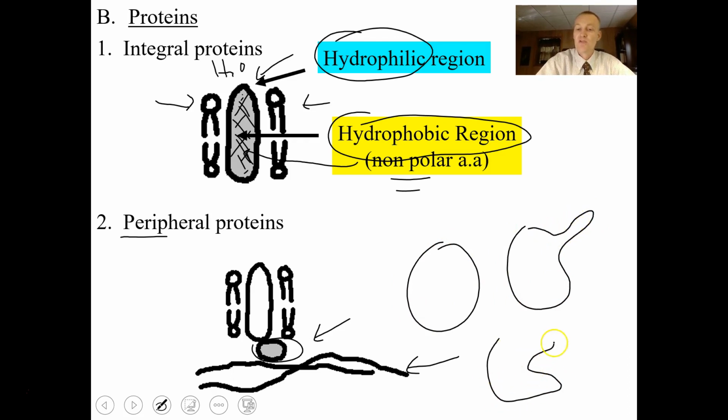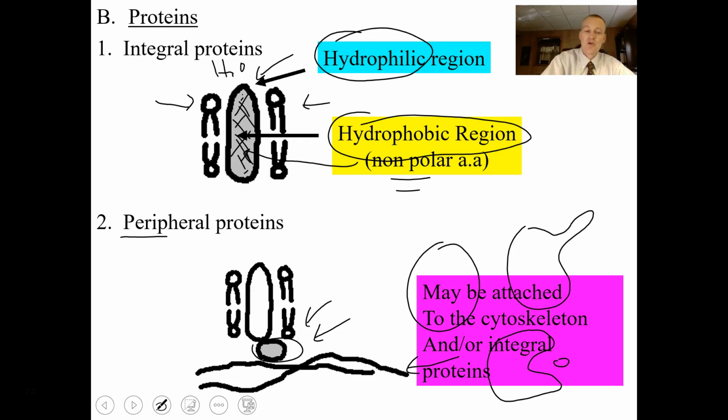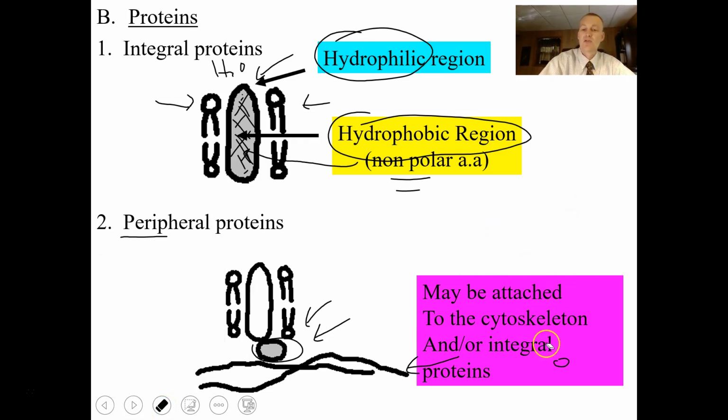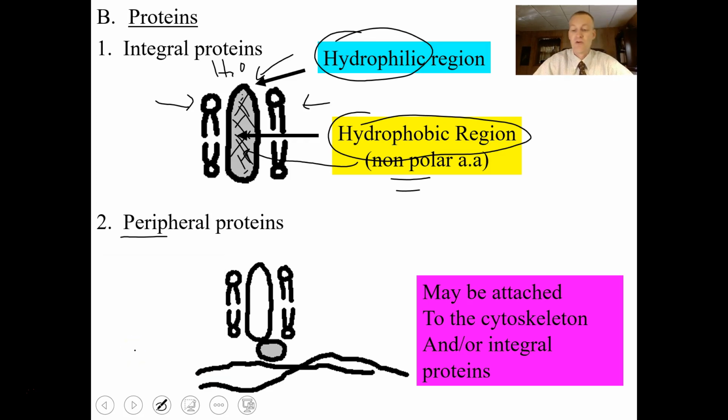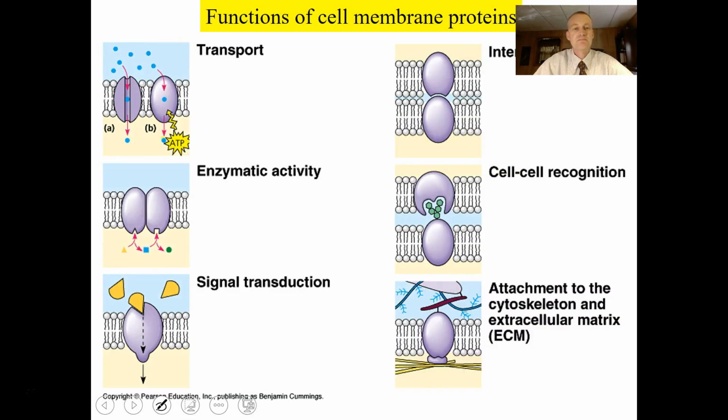You can do phagocytosis with the cell membrane, all because you have these anchor points that are made from proteins. These peripheral proteins can be anchored to the cytoskeleton, or they can also be anchored to the integral proteins as well, for causing various things to happen.